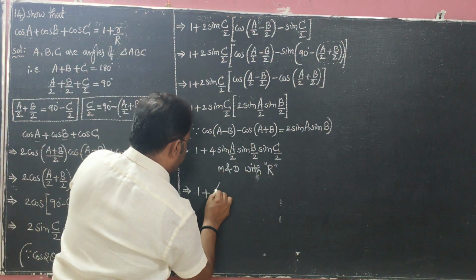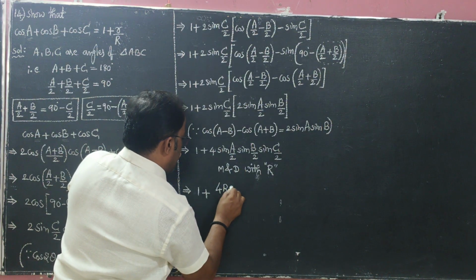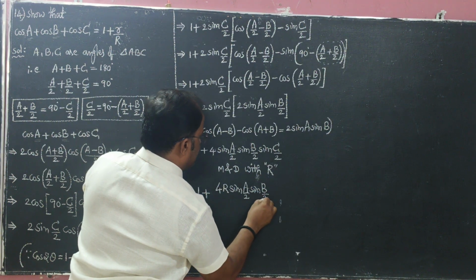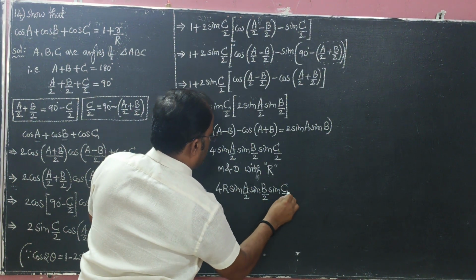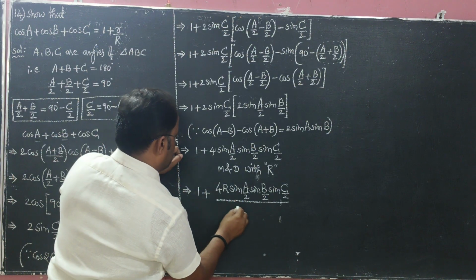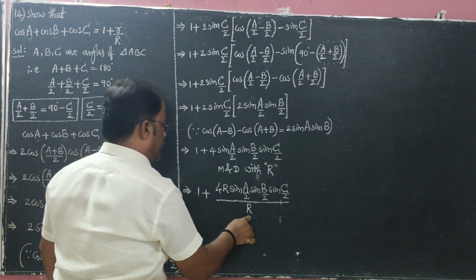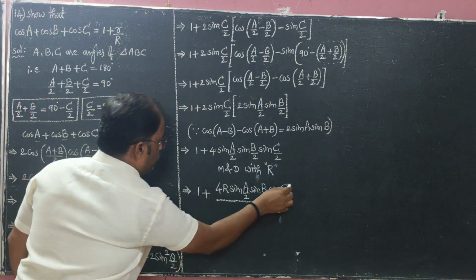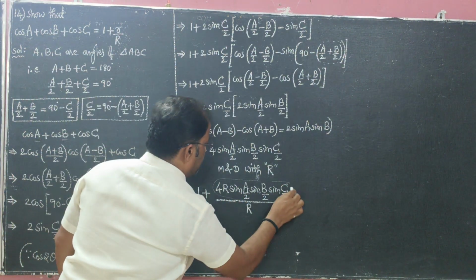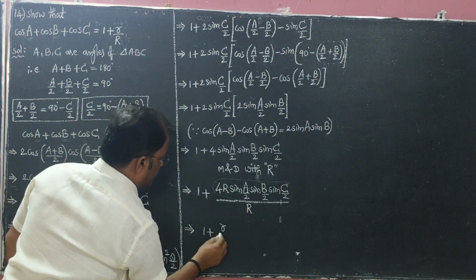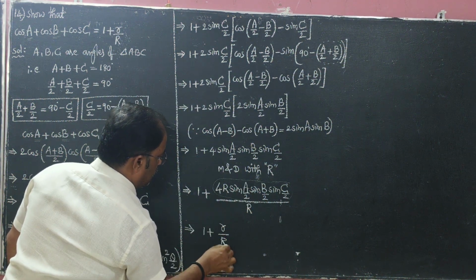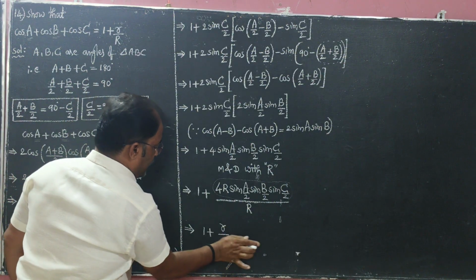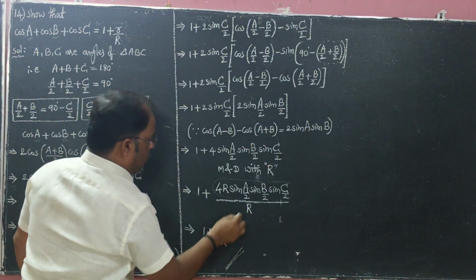4 capital R sin a by 2 sin b by 2 sin c by 2 by capital R. So multiply with capital R, divide with capital R, and see, 1 plus the numerator value is the direct formula small r, divided by capital R. Clear? 1 plus small r by capital R. We have the direct formula, there is no change.